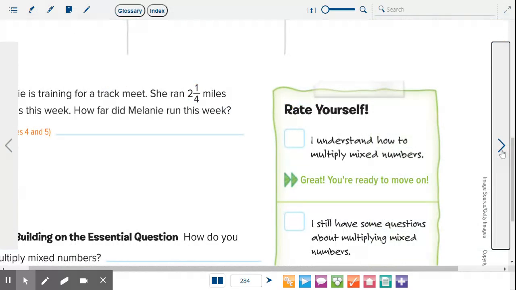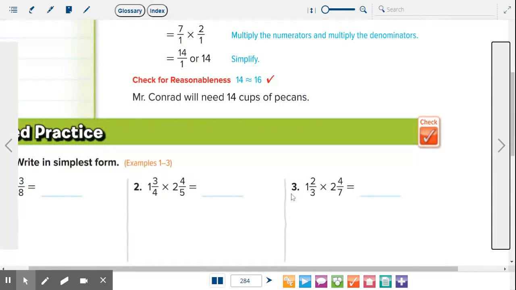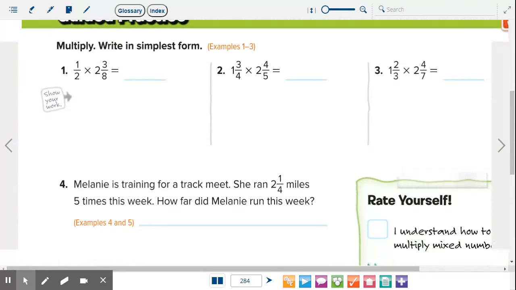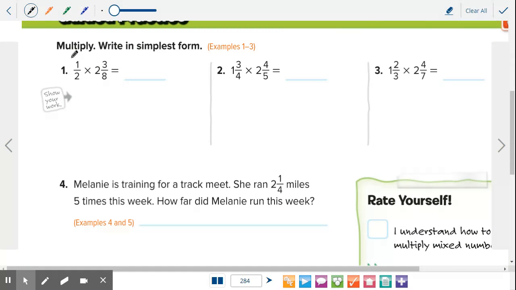So jump over to page 284. Okay, so it says multiply and then write in simplest form. So number 1, we have 1/2 times that 2 3/8. So remember, our first step is to change it into an improper fraction. So what do we have to do to that 2 3/8 to make it an improper fraction?